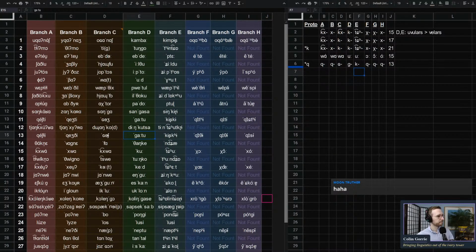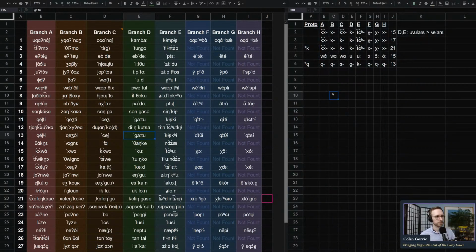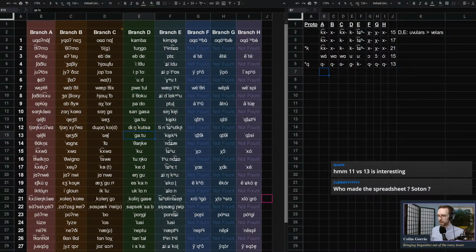I can't see any counter examples yet, but still early. Okay. What else is going on? Yeah, Clammy, that's right. So I think there's just a wholesale fronting of uvulars.